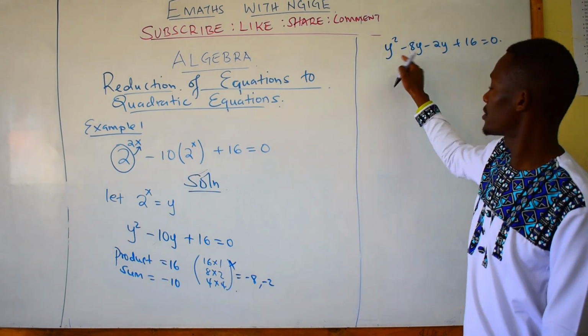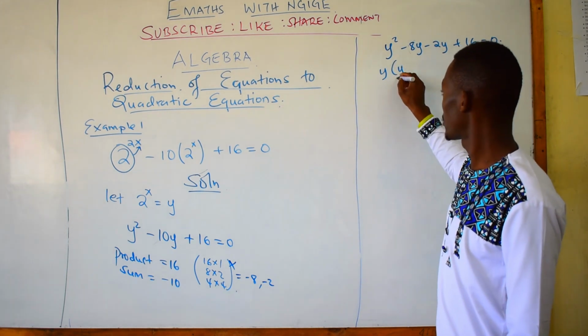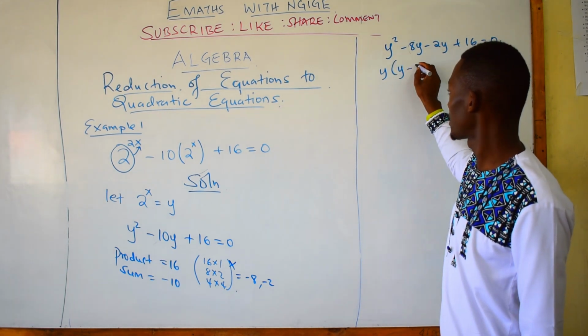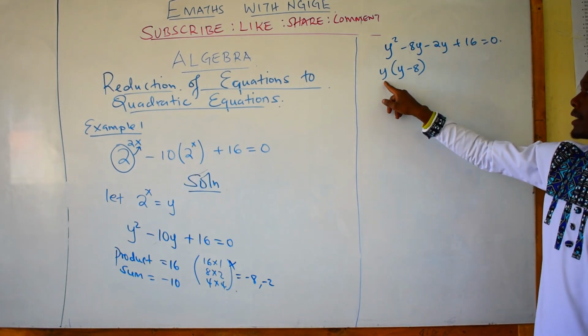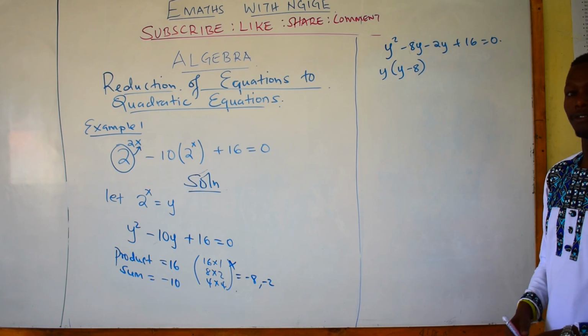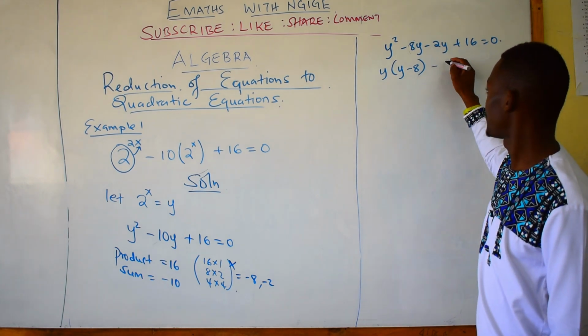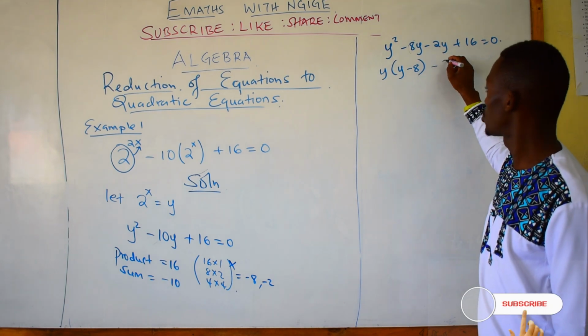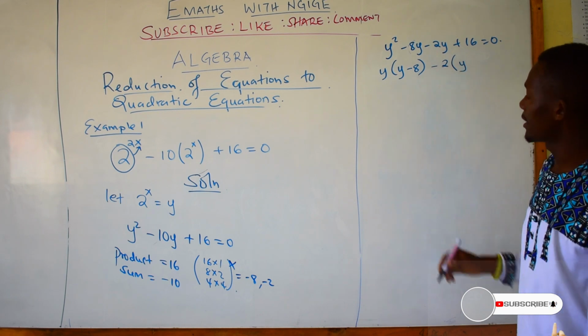So what is common between these two? It's y. Then we remain with y minus 8. Remember, when you open this bracket, it just gives you y squared minus 8y. So you're just factoring out what is common between the two of them. Then you have minus. What is common between this and this? 2 is common. So what will we remain with?